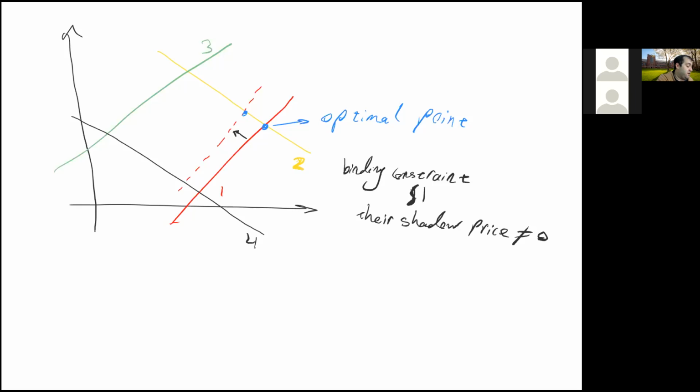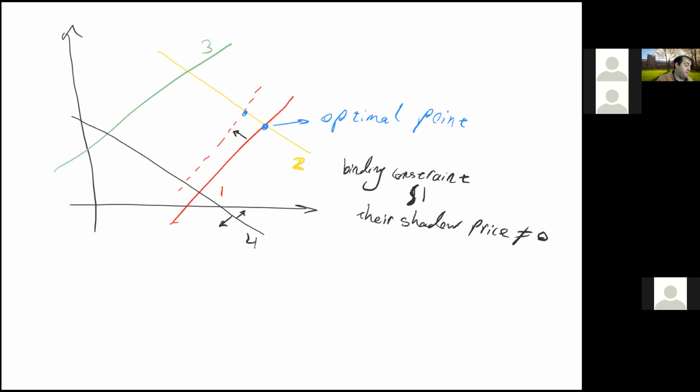What are the shadow prices of line 4 and 3? Could anyone tell me the shadow price of line 4? If you change line 4, either up or down, does it have any effect on the optimal point? There's no effect, right?